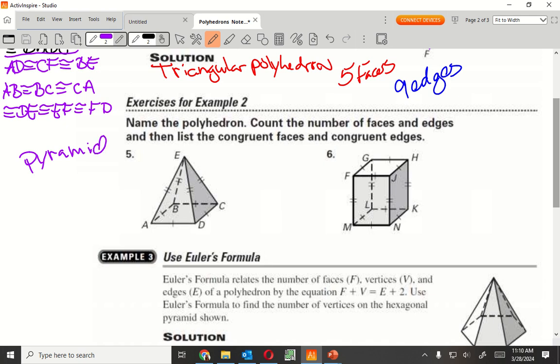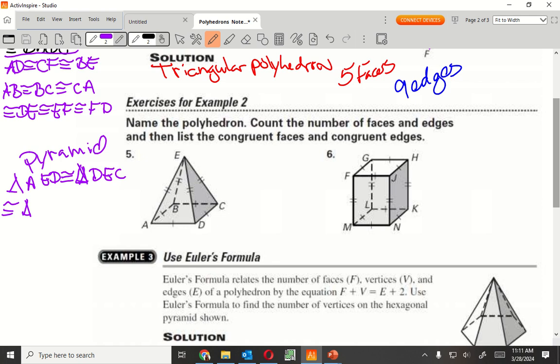So my congruent sides: triangle AED is congruent to triangle DEC, congruent to triangle CEB, and triangle BEA.